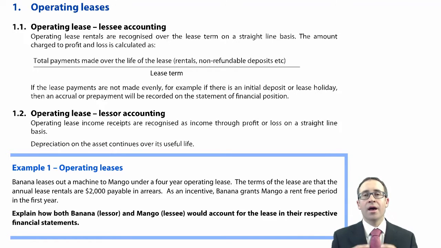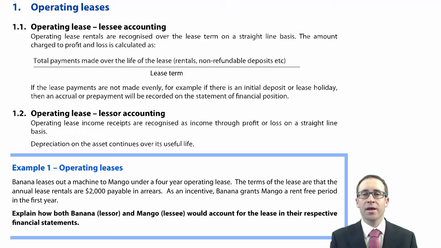However, if we think about the lease itself, the legal form and the substance are exactly the same. Legally, it is a lease, so there are rental payments or rental receipts, and in substance, it looks exactly the same, because there's been no transfer of risk and rewards of ownership.